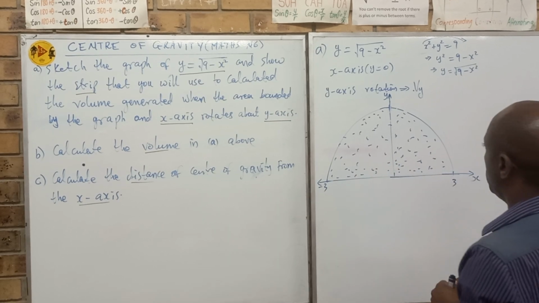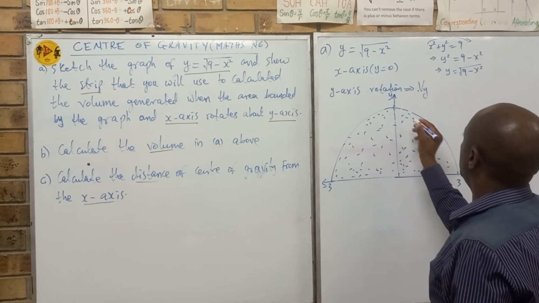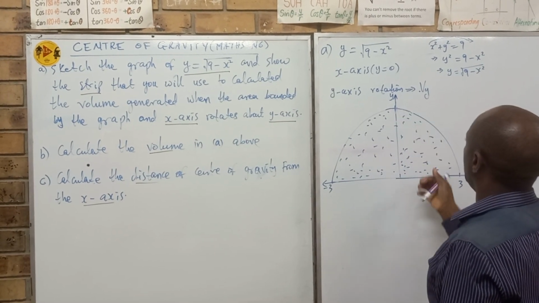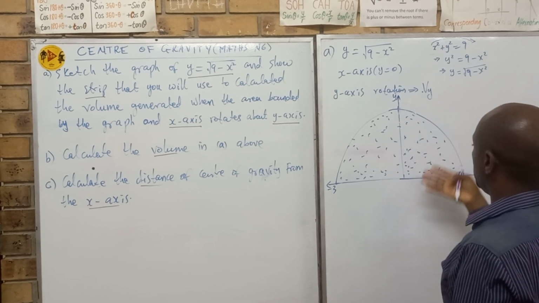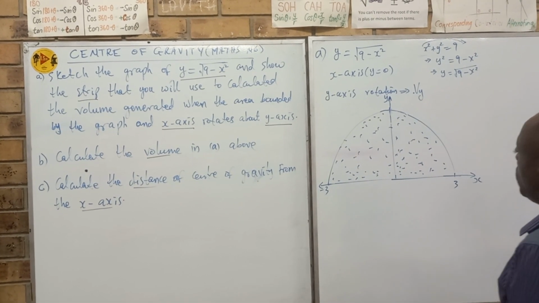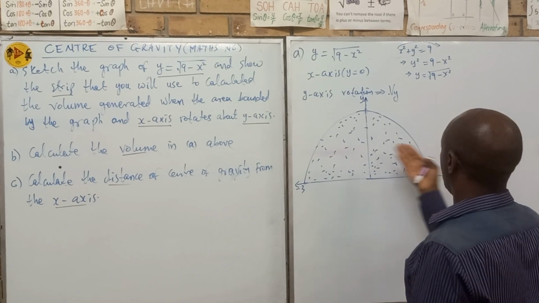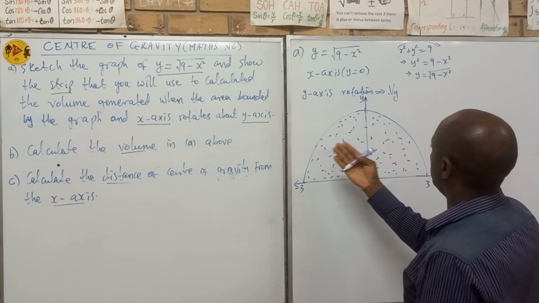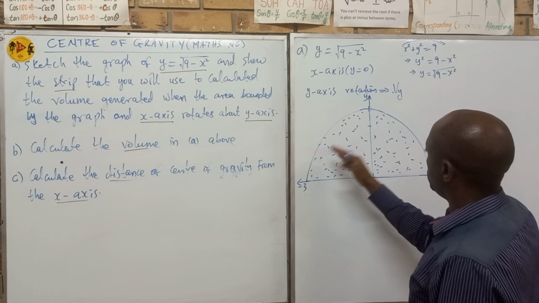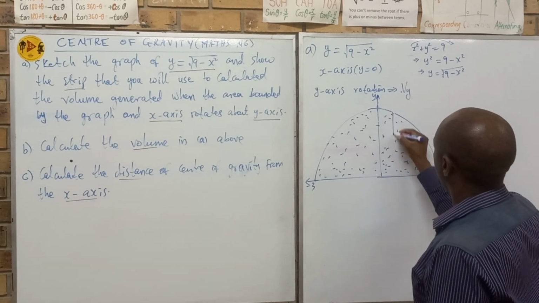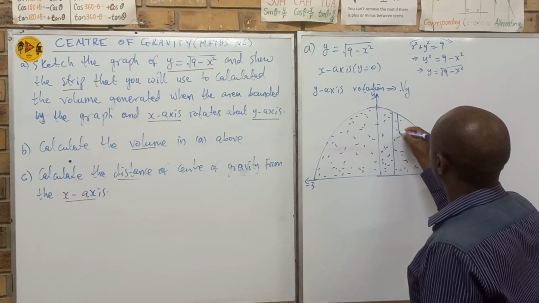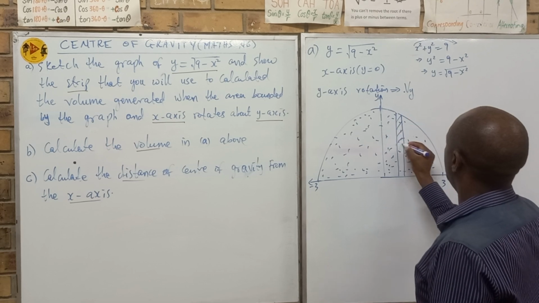So looking at that shaded portion, it's possible that we can put any strip there. It can be vertical, it can be horizontal. So I will start with the vertical one because it's a bit easier. With the horizontal one, there are some technicalities there. Since I've shaded all through, whether I put it here or there, it doesn't matter. So I'm putting my strip there. So that's my strip.